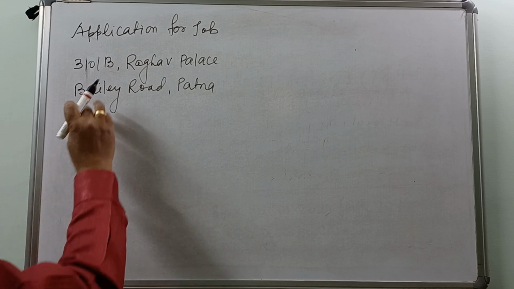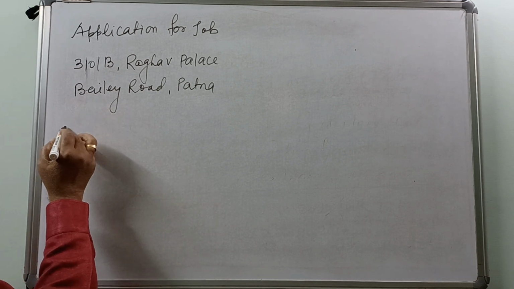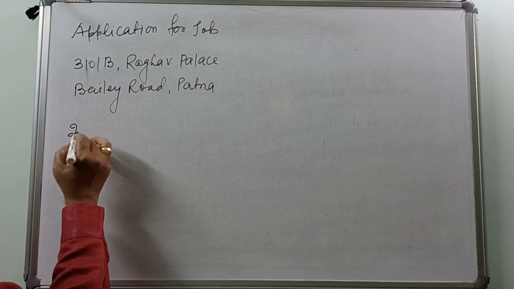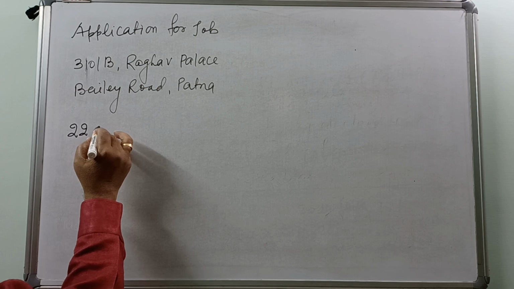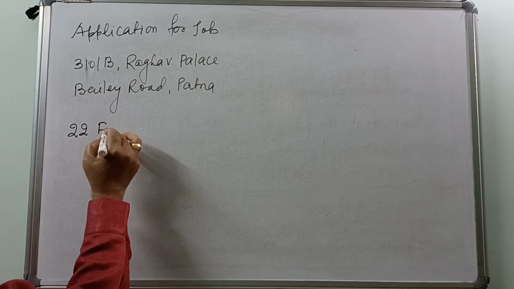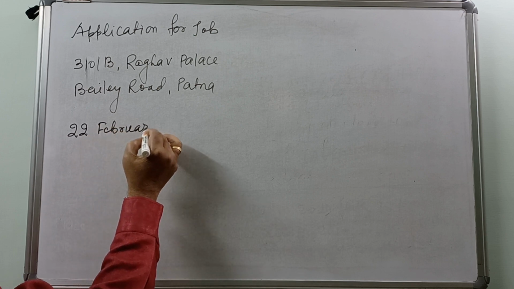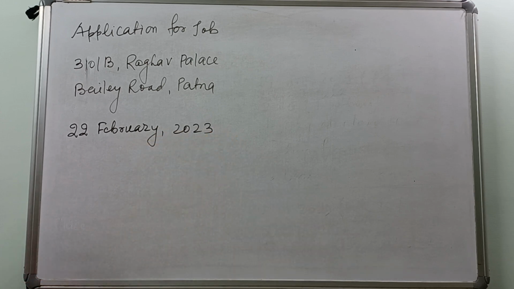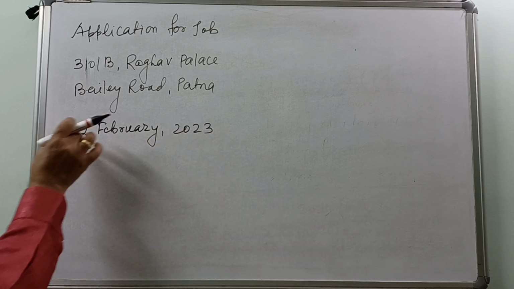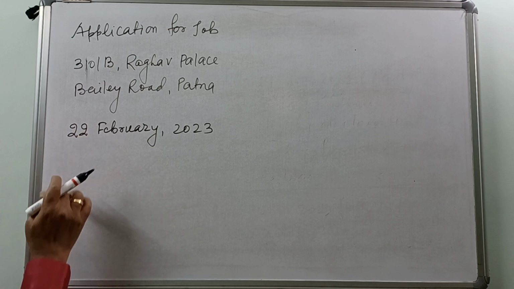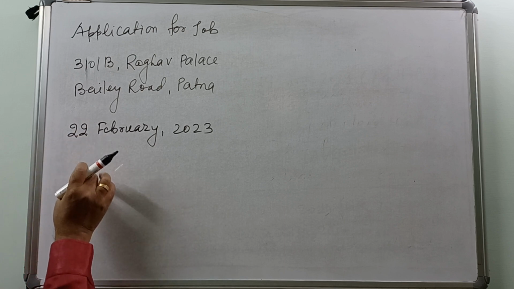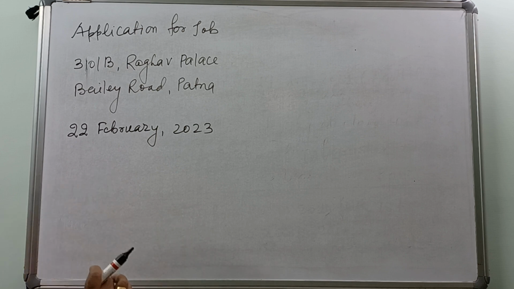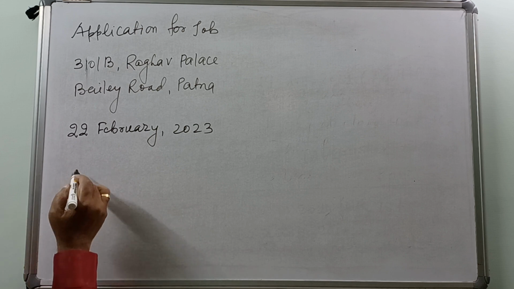As we know, we have to leave one line and then put the date, the date of writing this application: 22nd February 2023. We have to leave again a space, and after that you have to address the person to whom you are going to send this job application.